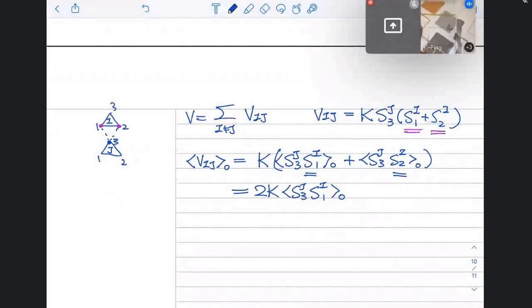So the next question we are trying to ask is what exactly is this thing? Okay. So recall that this average over 0 means that the base that we are starting with is decoupled. Because the triangles are decoupled, and because Sj3 and Si1 belong to different triangles, this thing actually can be factorized.